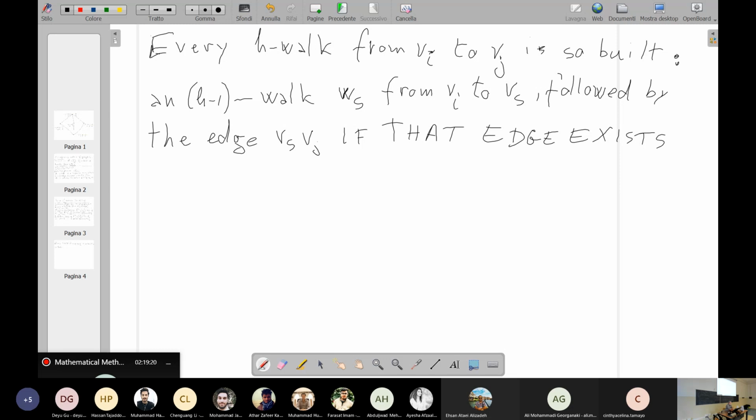Okay? So, in other words, let's take any h walk from Vi to Vj. Take the last edge of this walk, and look at the piece immediately before. It is an h minus 1 walk from Vi to some vertex, let's call it Vs, for which there exists an edge from Vs to Vj.